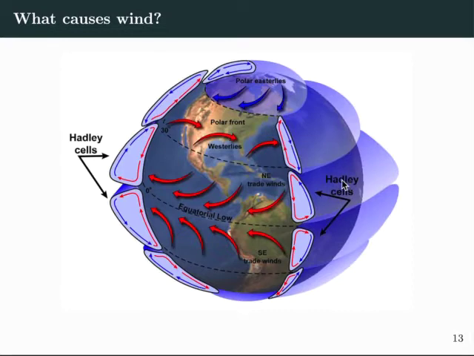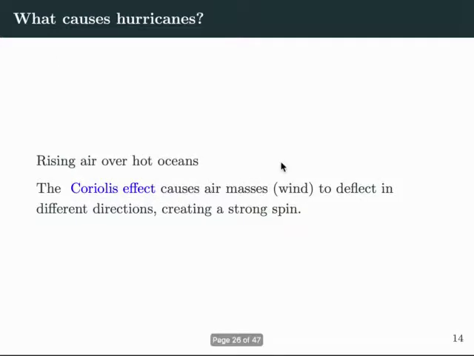So hurricanes begin to form out here in the Atlantic, and if they get sufficiently far north, they have a tendency to get caught up in this Coriolis effect and get swirled around in this clockwise direction. And so that's why hurricanes move in that direction in the northern hemisphere.